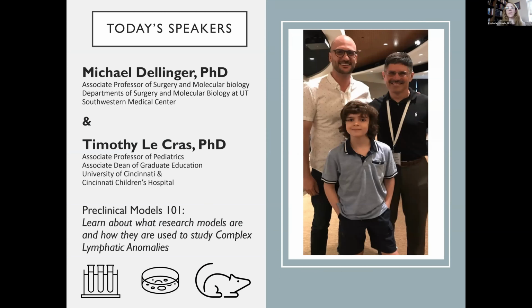There's Drs. Michael Dellinger, who's an associate professor of surgery and molecular biology in the Department of Surgery and Molecular Biology at UT Southwestern Medical Center, and Dr. Timothy LaCroix, who is an associate professor of pediatrics, associate dean of graduate education at the University of Cincinnati and Cincinnati Children's Hospital.